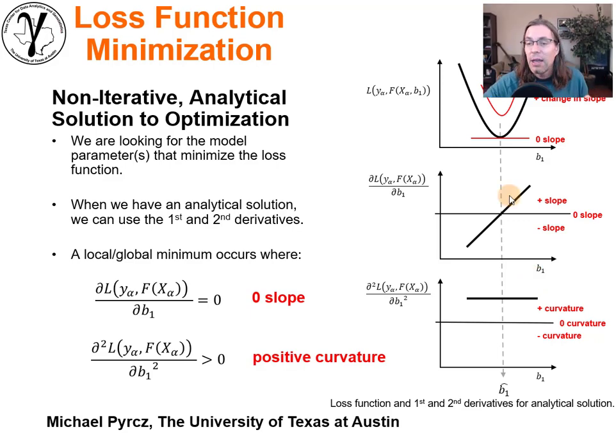In the case where we have an analytical solution available, we can simply use the derivatives to figure out if we have a minimum or maximum, and use the second derivative to determine which it is. Now, none of this is proving whether or not it's a global or local minimum or maximum.